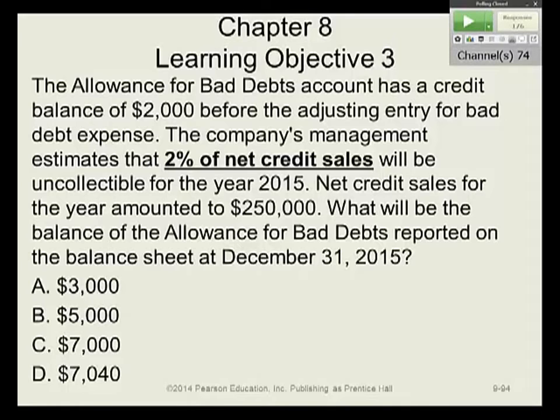Now we're looking for the balance of the allowance for bad debts. I'm not asking for the bad debt expense. I'm not asking for the journal entry. I want to know the balance, all right?